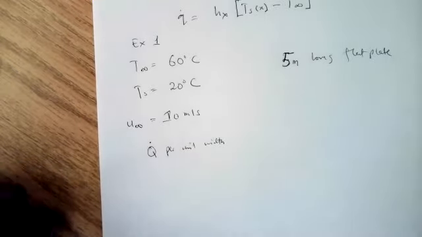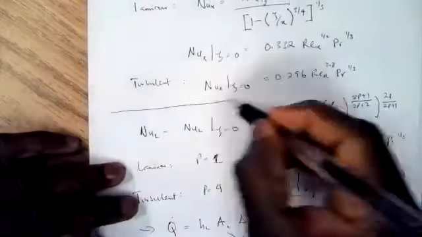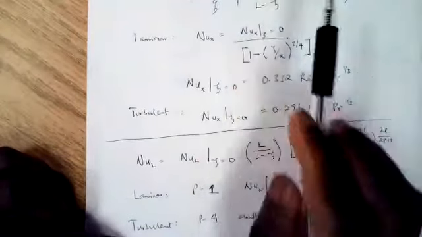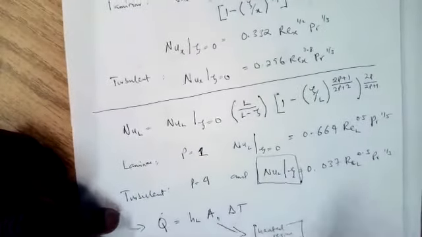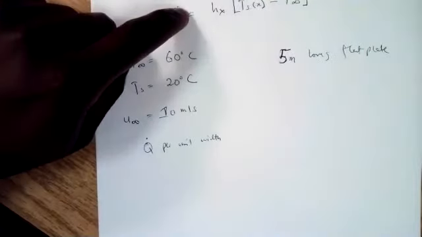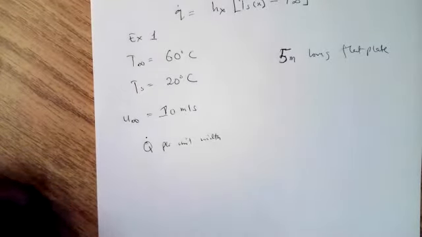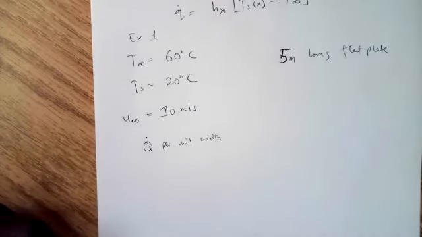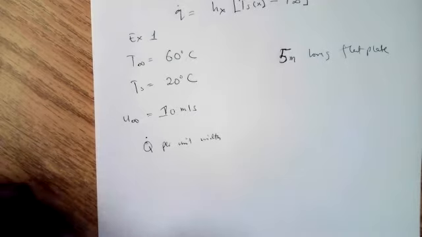For every system that we have discussed, we have a laminar and turbulent analysis to it. This is for a flat plate with some part of it heated. This is for a uniformly heated flat plate. This is for uniform heat flux. Each one of them has a laminar and turbulent formula. Now this question says that engine oil flows over a flat plate.